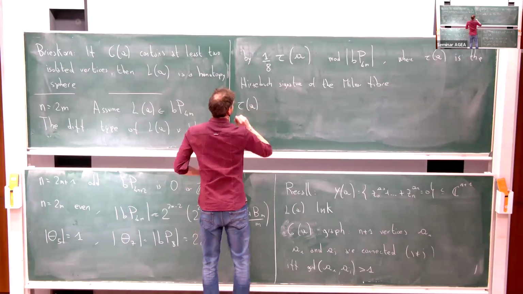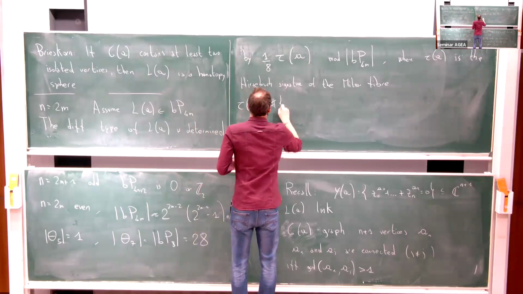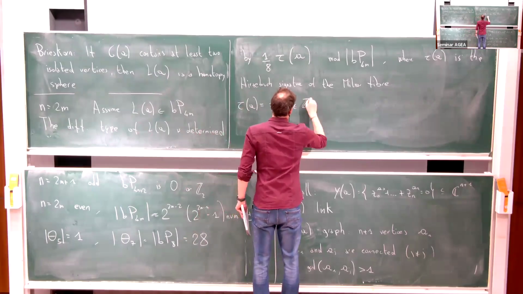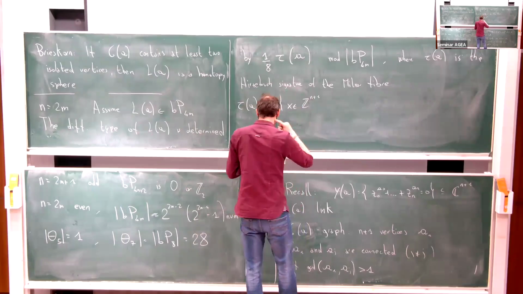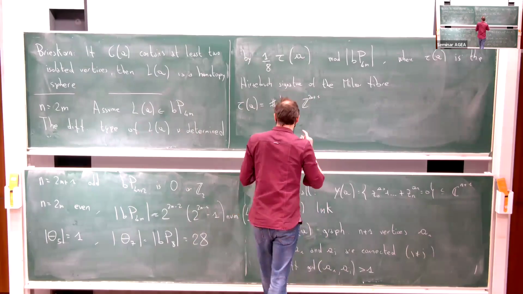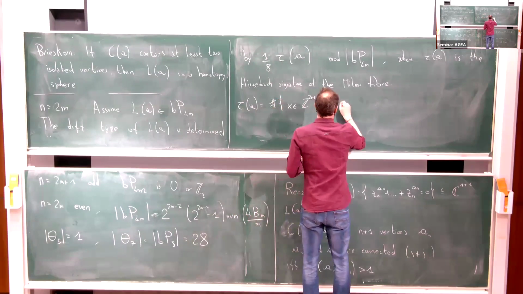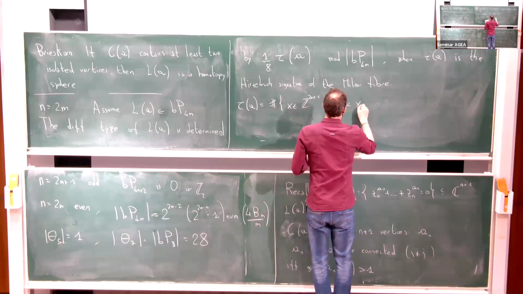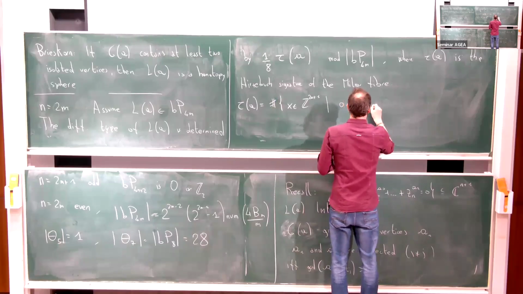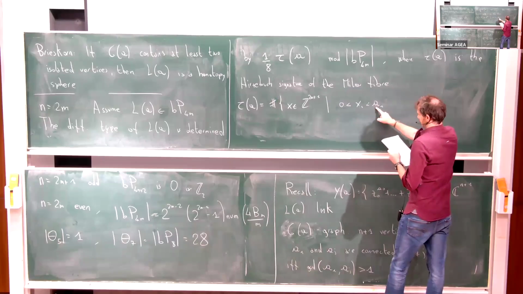So you have to count the points in Z^(2m+1), sorry, let's write 2m+1, it's the same, such that the coordinates of the point x are all between 0 and ai.